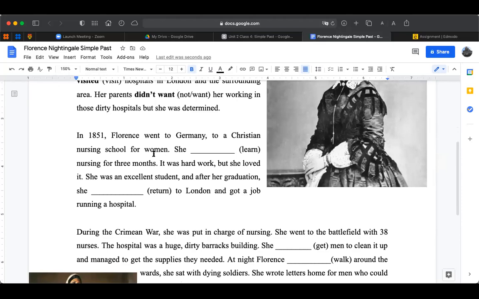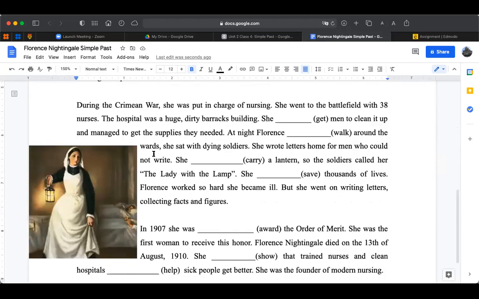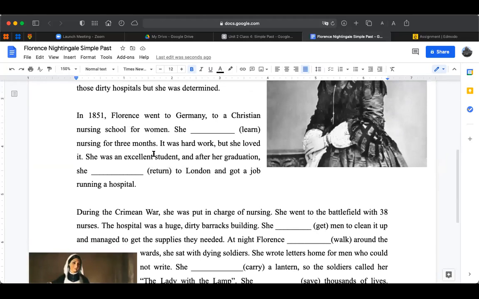A ver, ¿qué compañero más hay? La Ivania. Okay, Ivania, you do this small paragraph. Hace este pequeñito párrafo. In 1851, Florence went to Germany to a Christian nursing school for women.